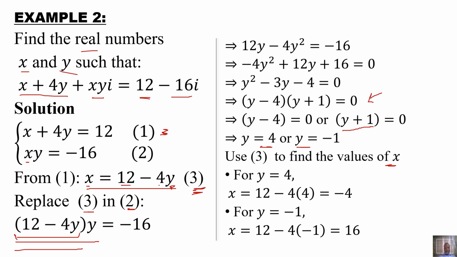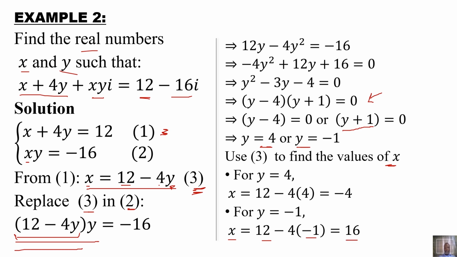Here, x is going to be 12 minus 4 times minus 1, since y is equal to minus 1. When we take minus 4 times minus 1, we obtain plus 4. And this is equal to 12 plus 4, which is 16.